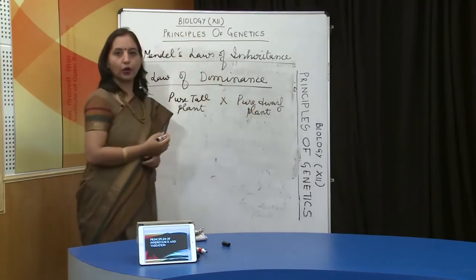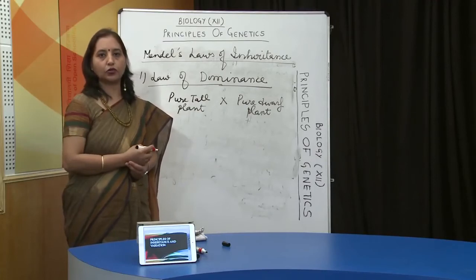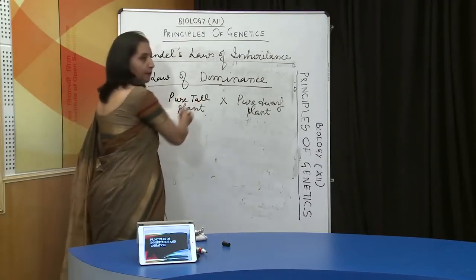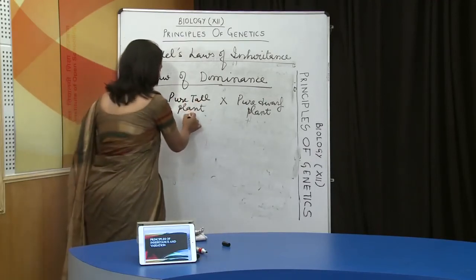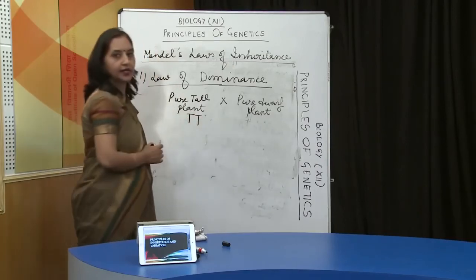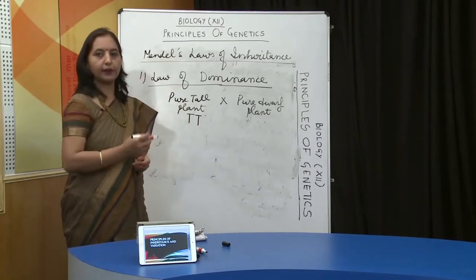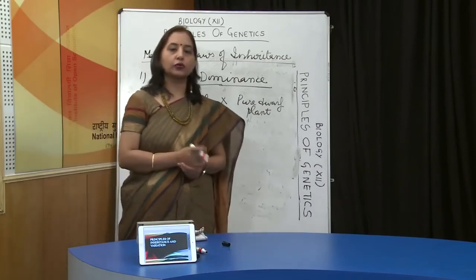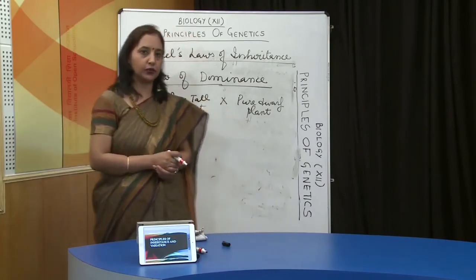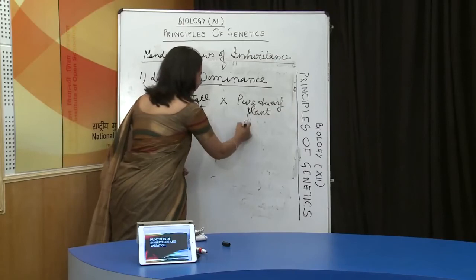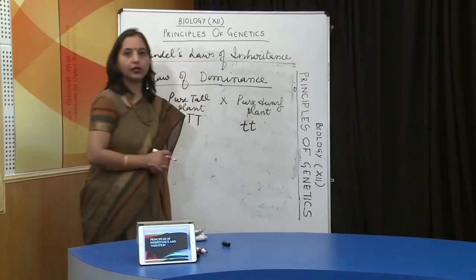He crossed pure tall plants with pure dwarf plants. Now when we say pure tall plants, that means we have to write the same allele, that is capital T, and the capital letter is used to express the dominating trait, and pure dwarf will be represented by small t and small t.